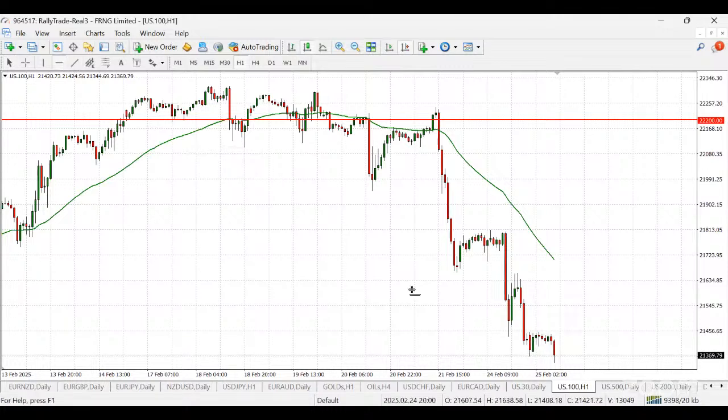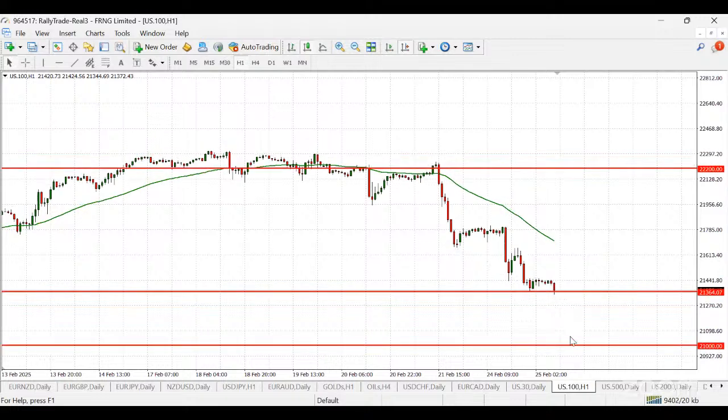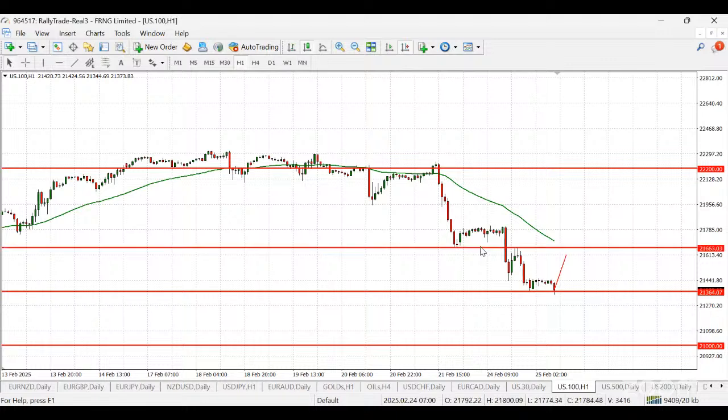And then price now needs to take out this low for it to continue to push to the downside. So for US 100, this is the level to watch. We need price to take out this low, or from the current level, give us some retracement, and then we take our sales from there.